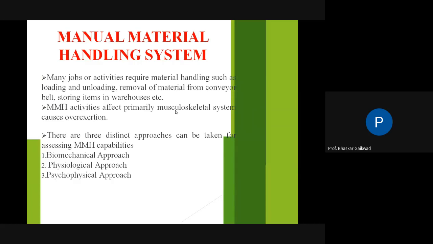And normally that is done manually, but it is very dangerous. There is a problem of accidents also. So we have to avoid this. Removal of the material from the conveyor belt, storing items in warehouses. So sometimes conveyors are needed instead of this man, or sometimes they put the unloaded jobs on the conveyors and it will move to the store.